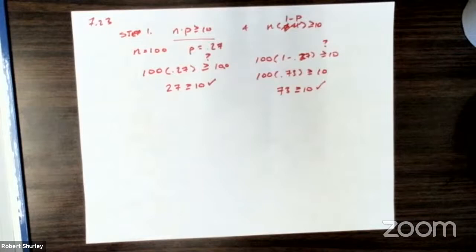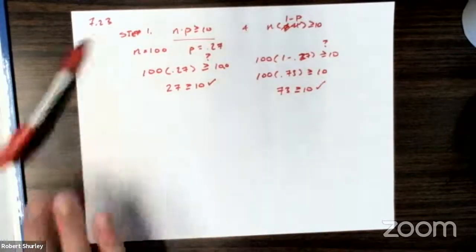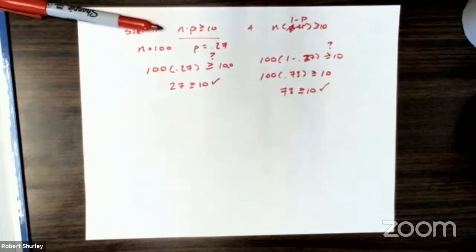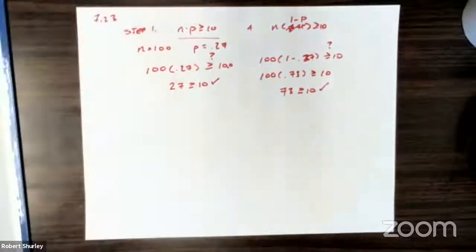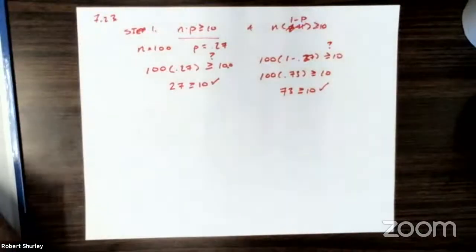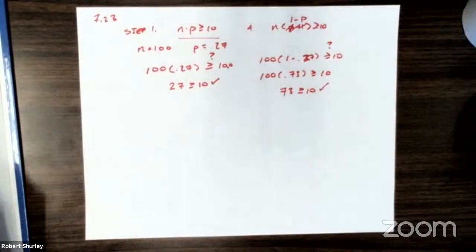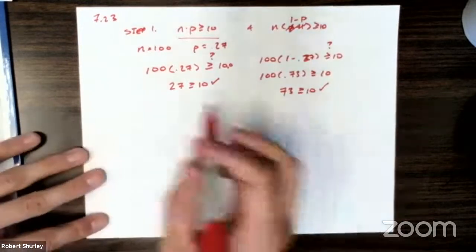So what this means is we can assume that this data comes from a normal distribution. Okay, we can assume this data is coming from a normal distribution. Therefore, we can answer a lot of cool stuff about it. Because it says, what is the probability that the sample proportion who prefer chocolate is greater than 0.3?